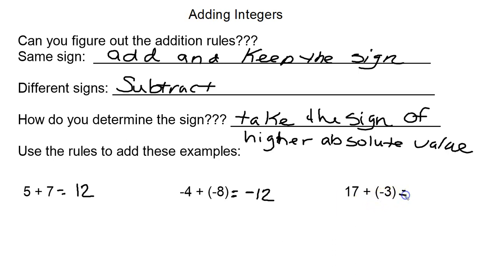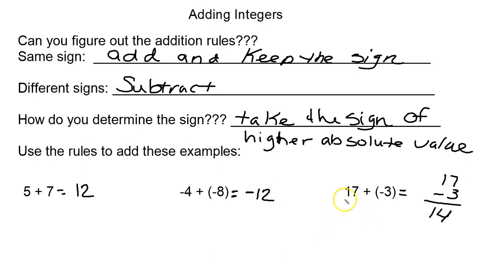Here's where it becomes a bit more challenging because you have to remember the rules, that when the signs are different, like they are here, we have a +17 and a -3, we are going to find the difference by subtracting. So we're going to take 17, take away 3, and we get 14. Now deciding whether the sign is negative or positive is actually quite simple.